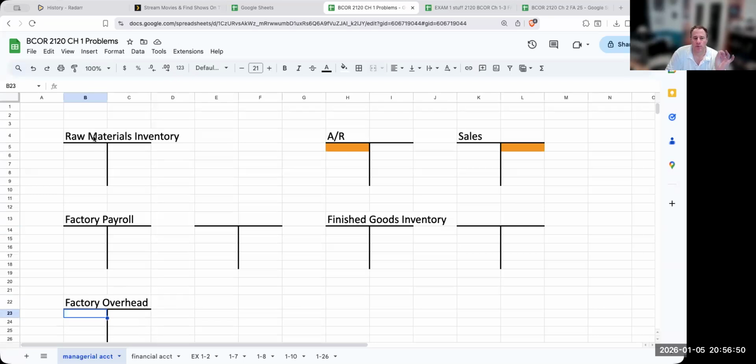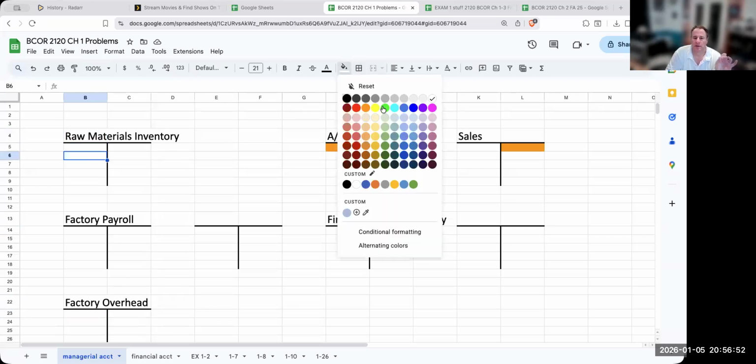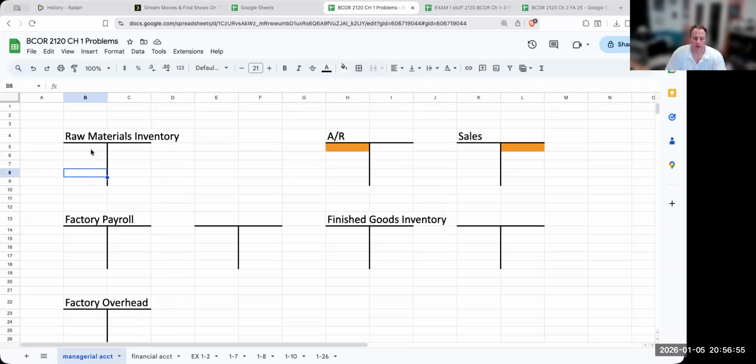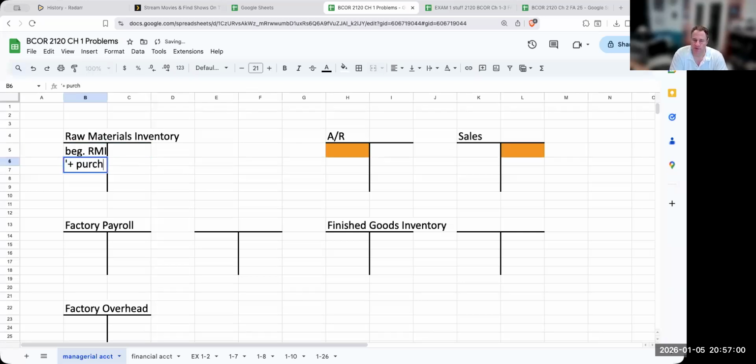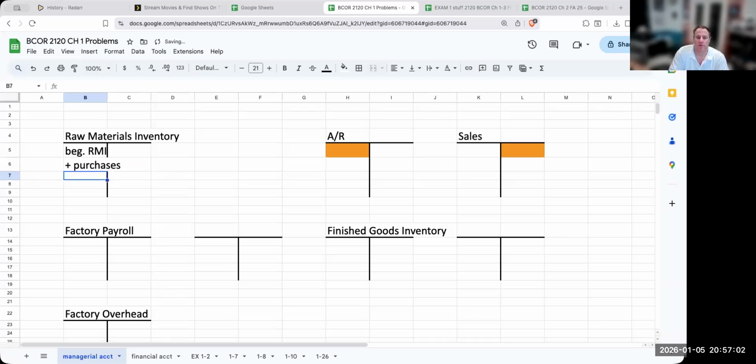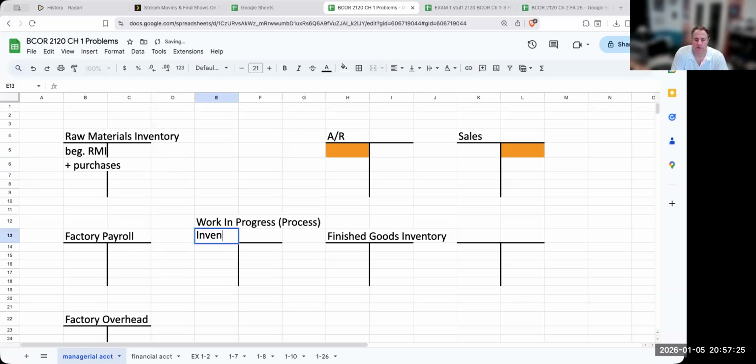But as we come over here, we start with the raw materials. This would be our beginning raw materials inventory. We're going to add in some purchases. And then as we're working on this, we're going to be taking items out of our raw materials inventory and putting them into production. So first, it's going to come into what we call work in progress or work in process inventory.